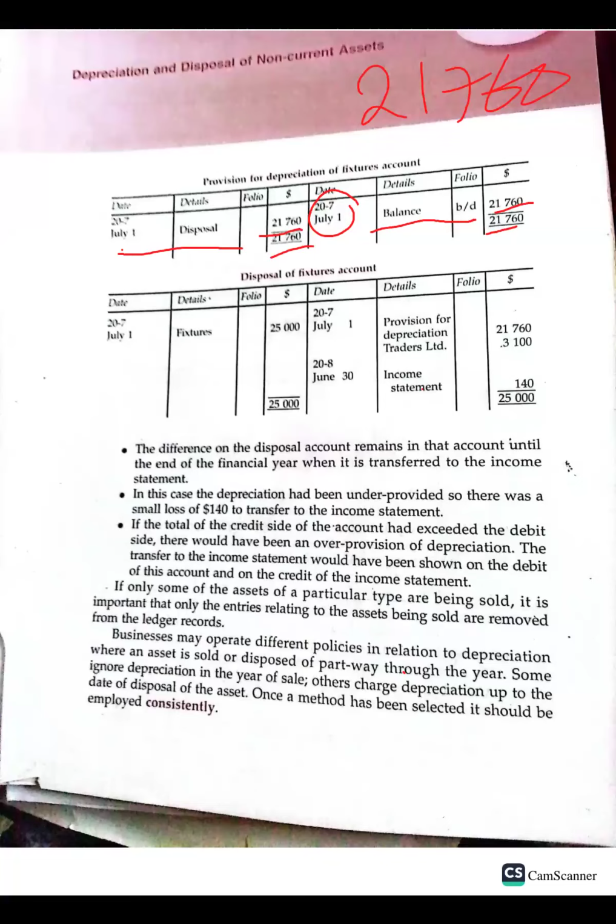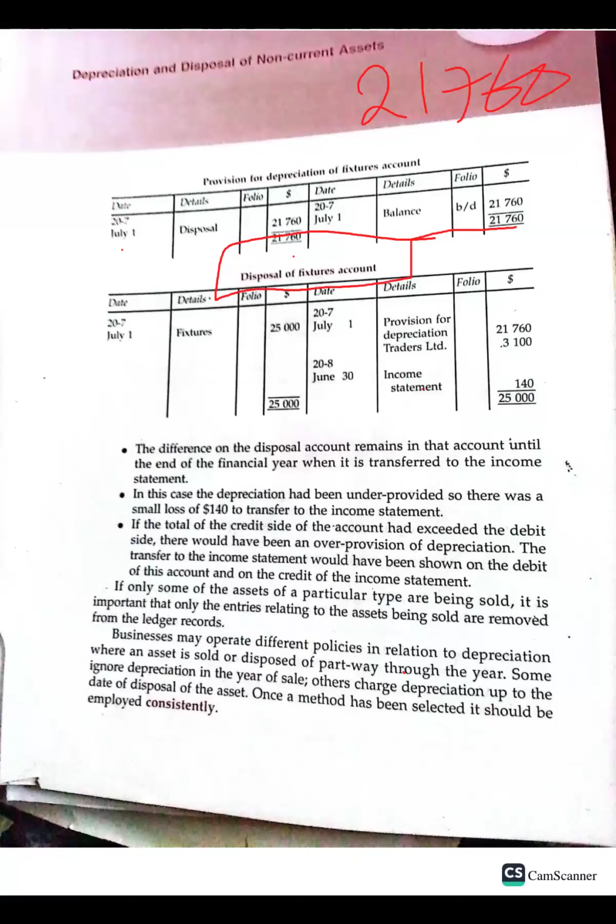You record that as the details of the disposal of the non-current asset. So which means at disposal, the total depreciation was what? 21,760.